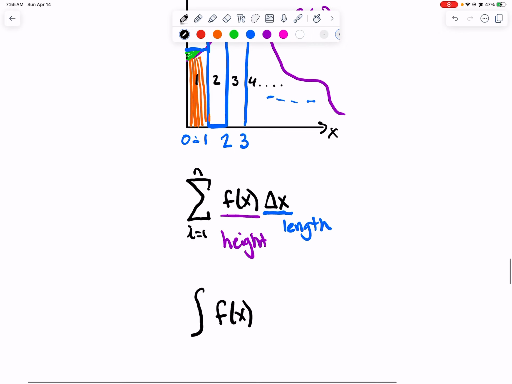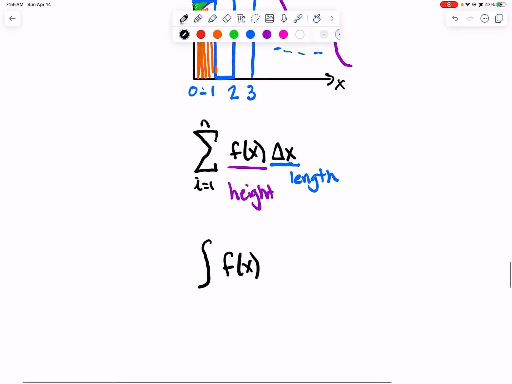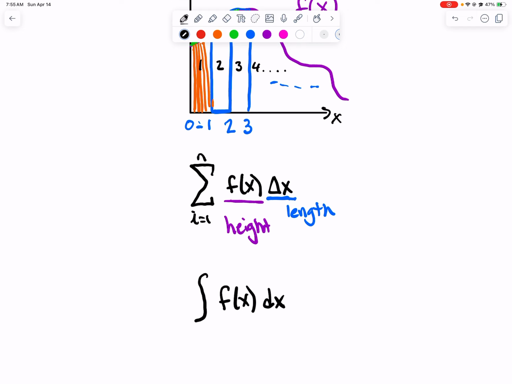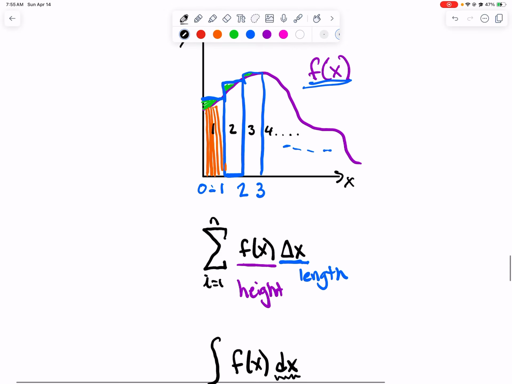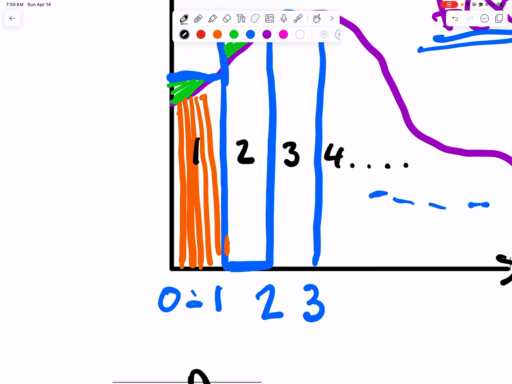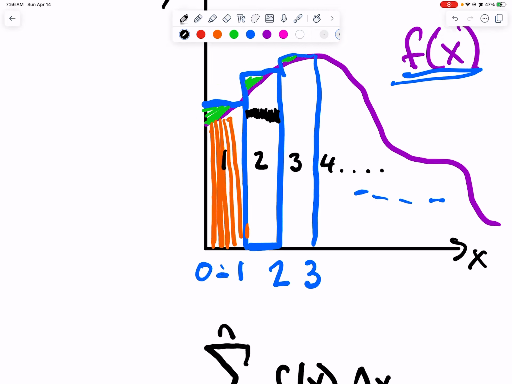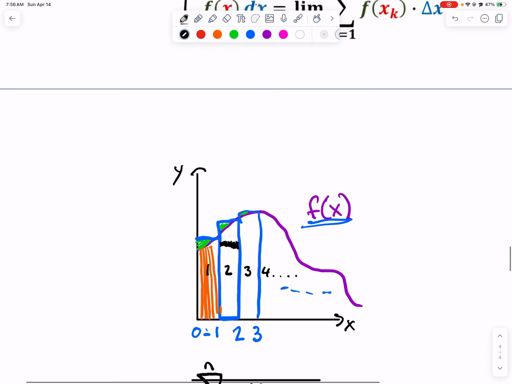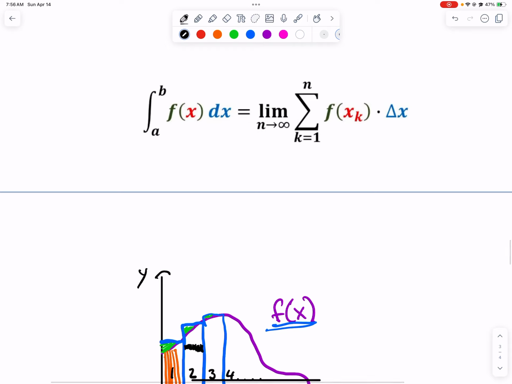Because my function's my height, where I can break these things into really small pieces. And this dx is saying, okay, I'm going to go as small as I can go, and I'm going to get a million lines in here. Basically, as many lines as I can get in, I'm going to get in. So we have this cool little formula that describes that.